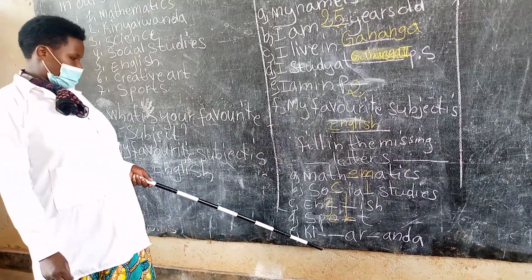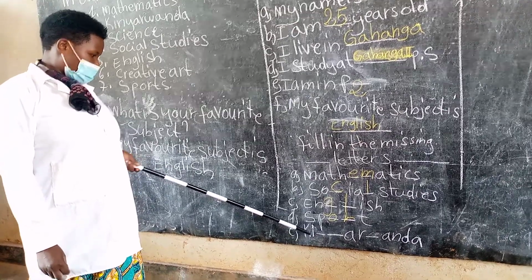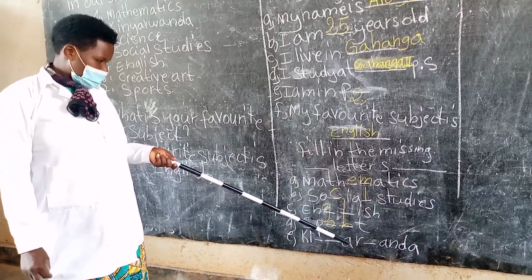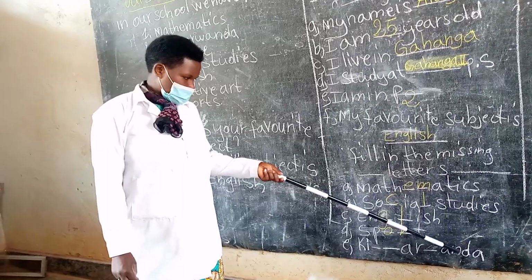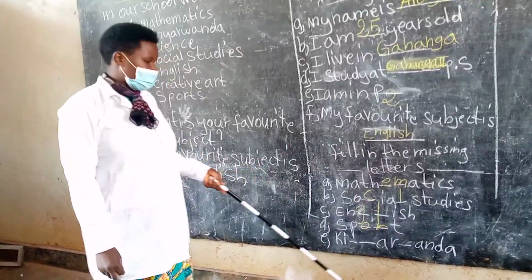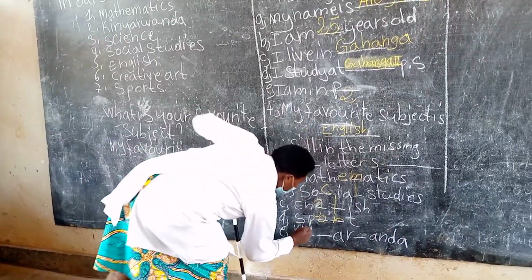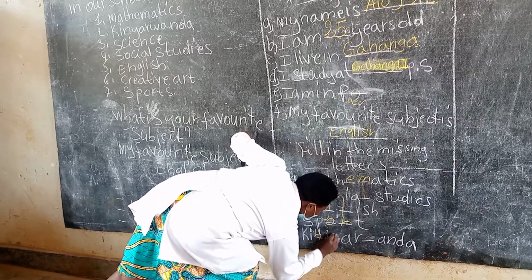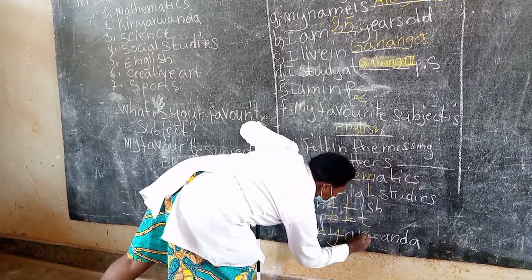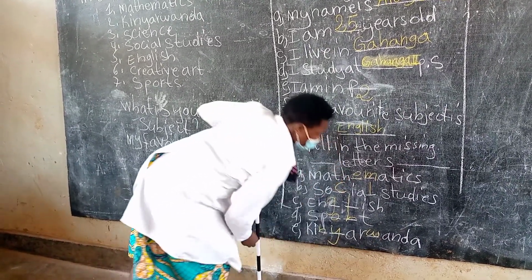And the last one, Q, I, N, I, and we have to do easy. Kinyarwanda.